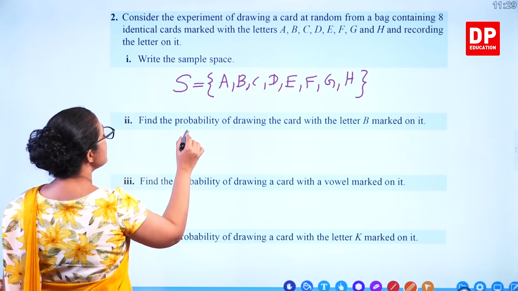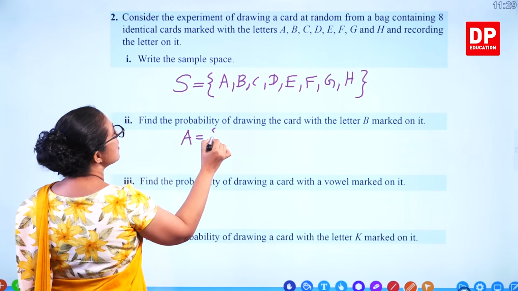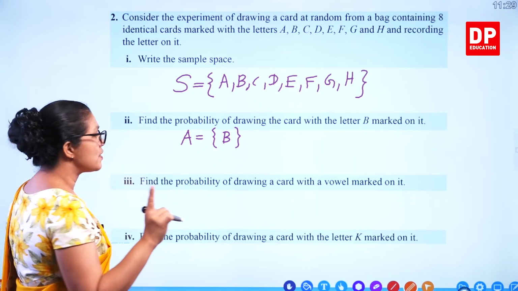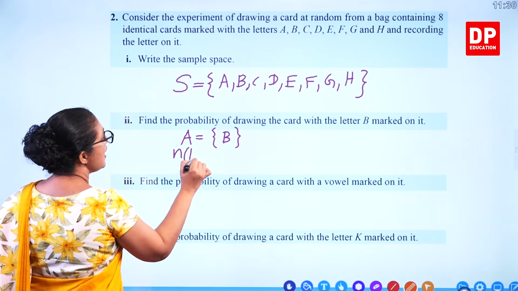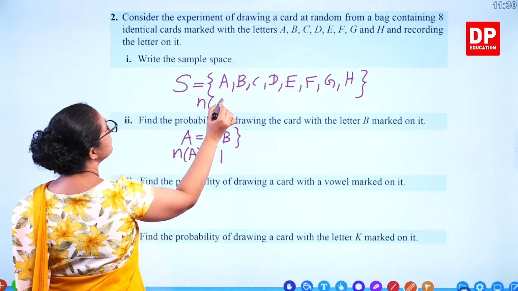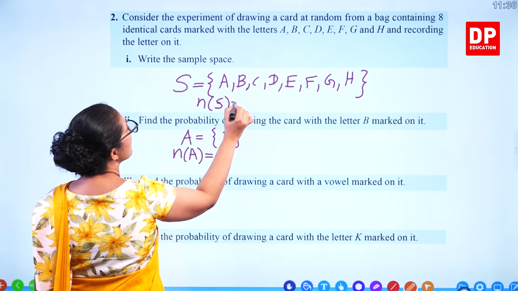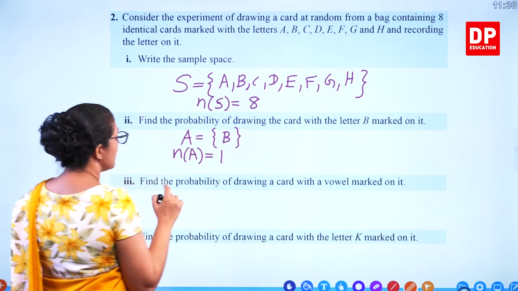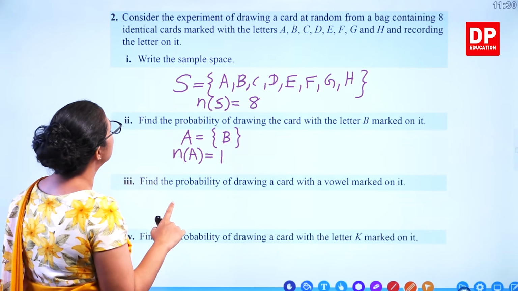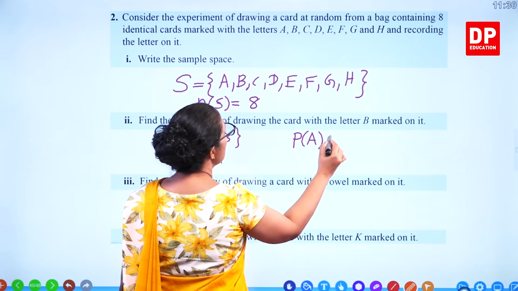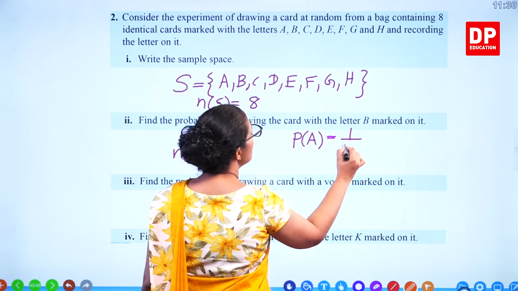So, we'll say event A is just getting letter B. That's only one possibility. N(A) is 1. Here what is N(S)? 8. So what's the probability? Probability of getting B is 1 over 8.